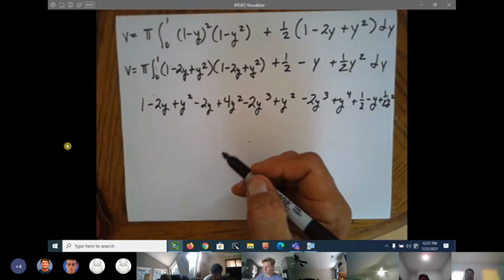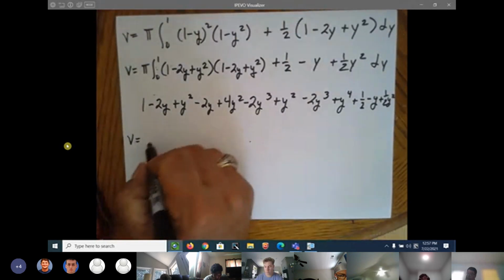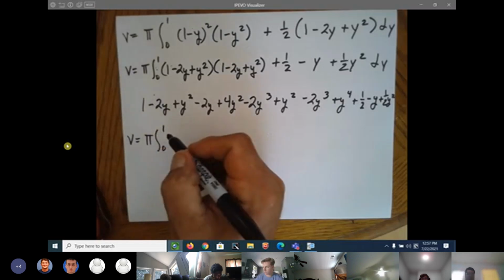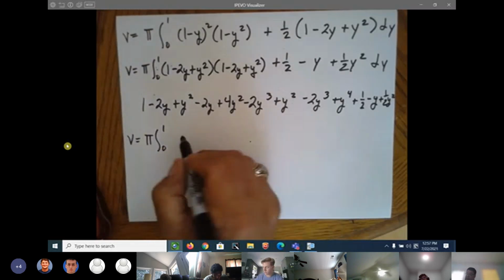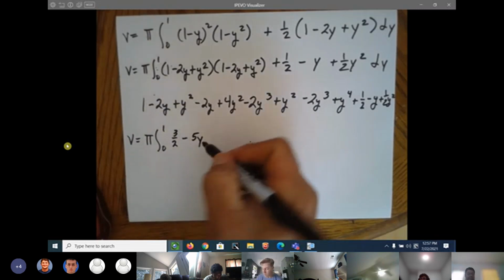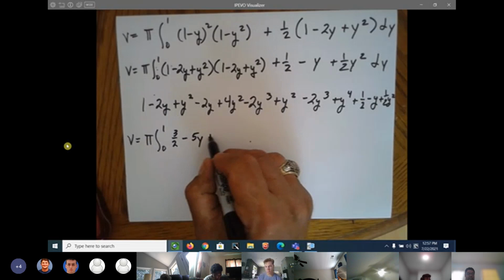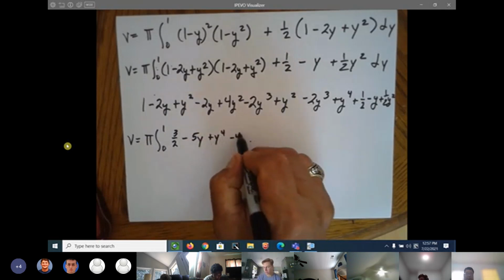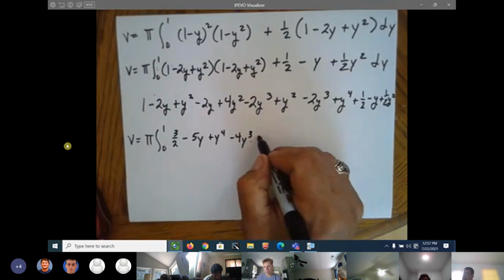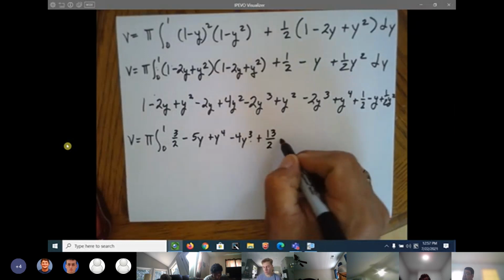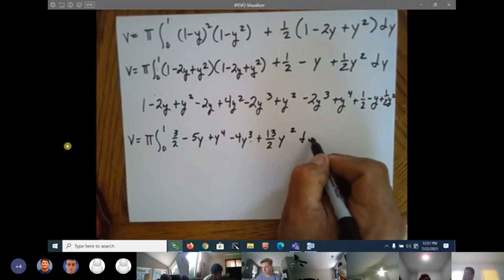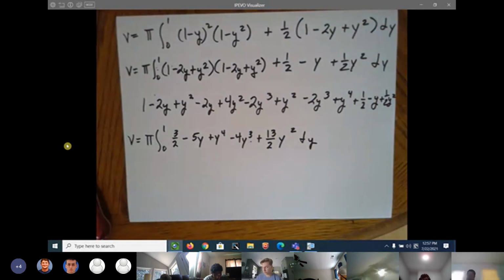And that's going to give you V is equal to pi from 0 to 1 of 3/2 minus 5y plus y to the 4th minus 4y to the 3rd plus 13/2 y squared dy. And now you're going to take the antiderivative of this.